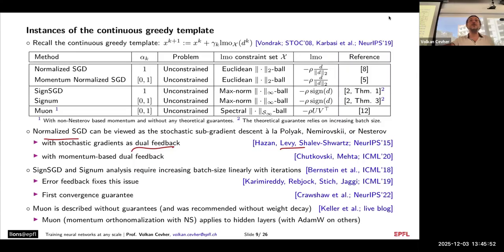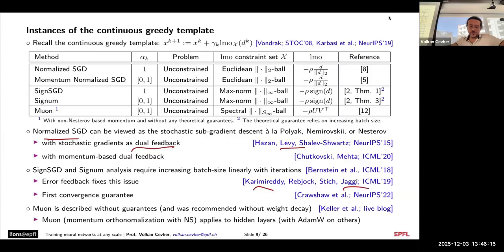They require increasing batch size for convergence. There was Martin Jaggi's paper with Praneeth that used error feedback to fix this issue, right? They actually give an example from Boris Polyak's book as a counterexample that if you use constant step size, you cannot converge with sign SGD. So the examples are pretty old.